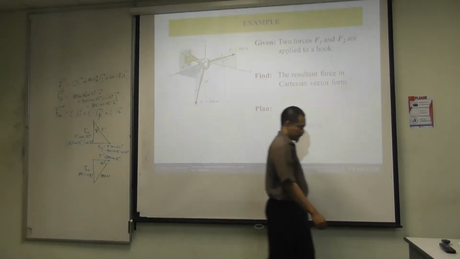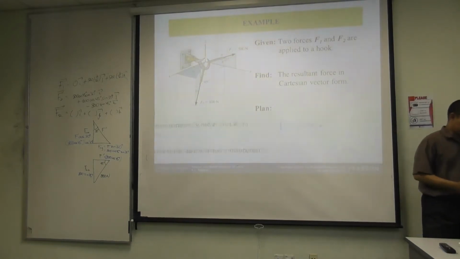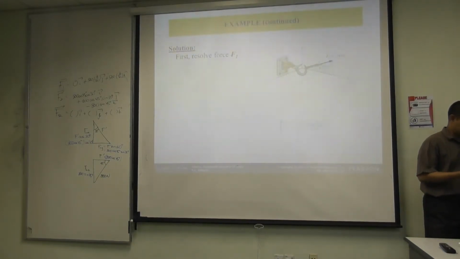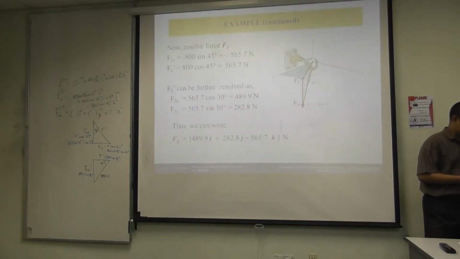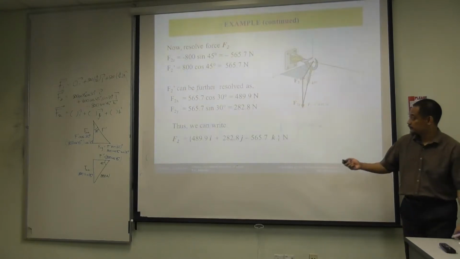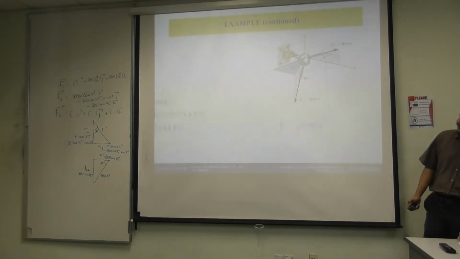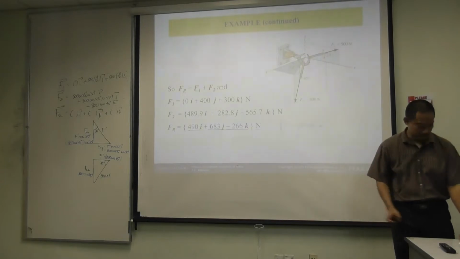Right? So in terms of calculation, I assume, or it's safe to assume that you know how to use your calculator. So F1 you get that one, and F2 you get this value, and then you just add the two. You get FR in that Cartesian vector form.